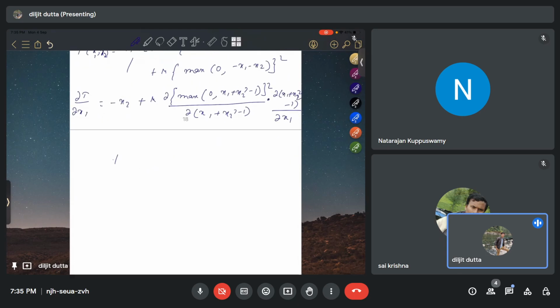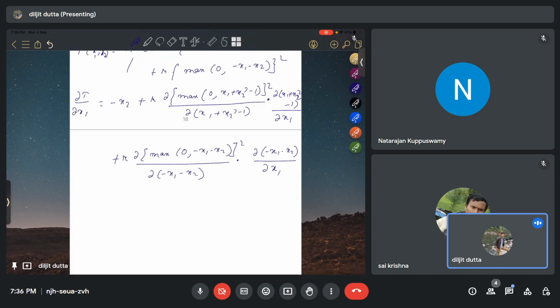And similarly the third term will be what? r into del of maximum of 0 comma minus x1 minus x2 whole square divided by del of minus x1 minus x2, into del of minus x1 minus x2. We are using the chain rule of differentiation here. Consider this maximum as a function f of x, that is f of x whole square.